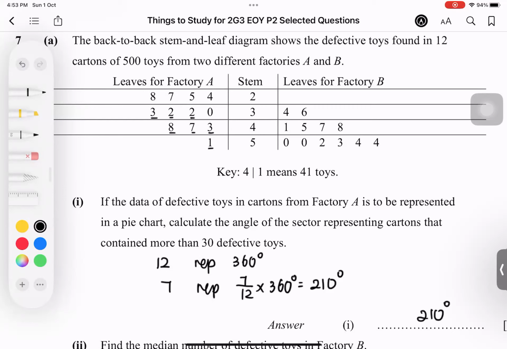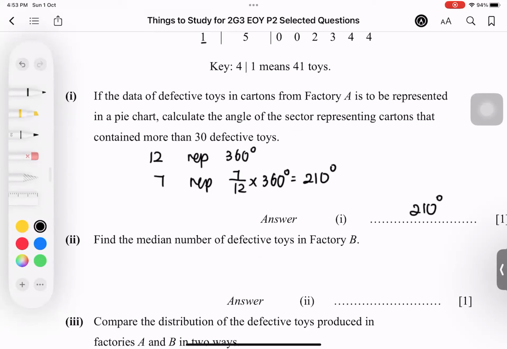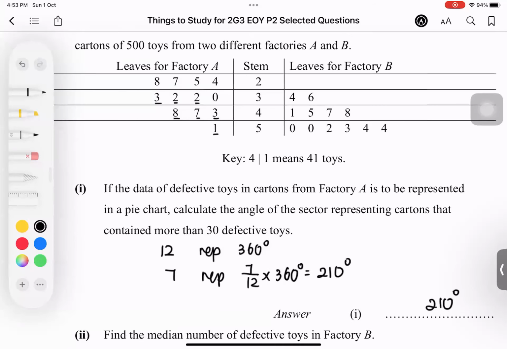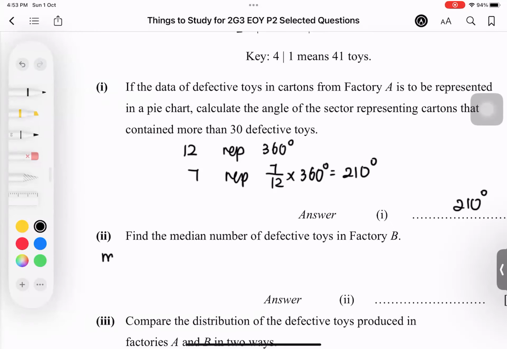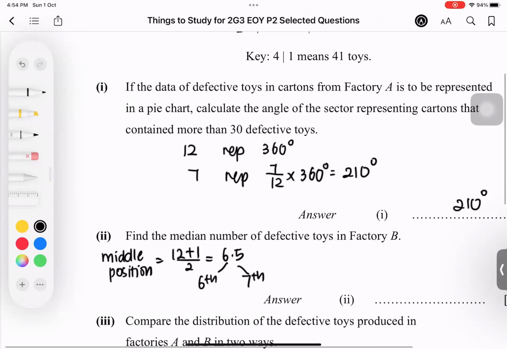All right. Next question, find the median number of defective toys in factory B. In factory B itself, there are a total of 12, so n equals 12. We must first find the middle position. The middle position will be 12 plus 1 divided by 2. That gives me 6.5, meaning the 6th carton and the 7th carton. So let's find the 6th and the 7th carton.